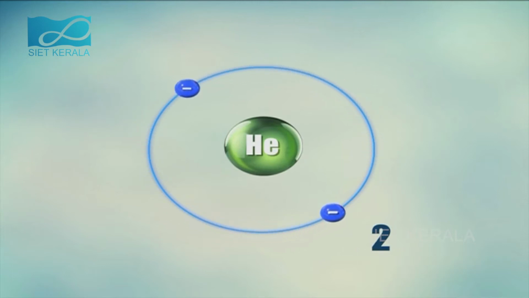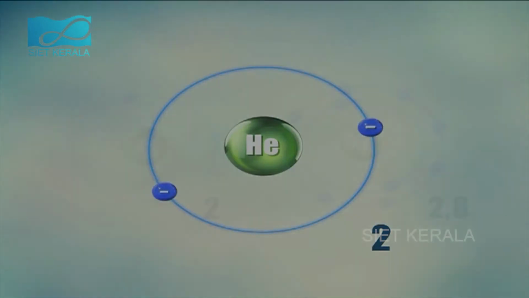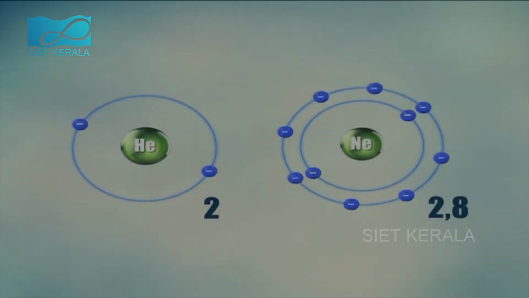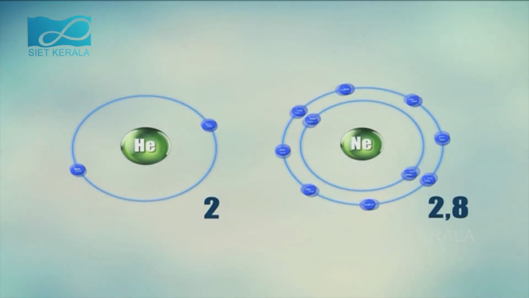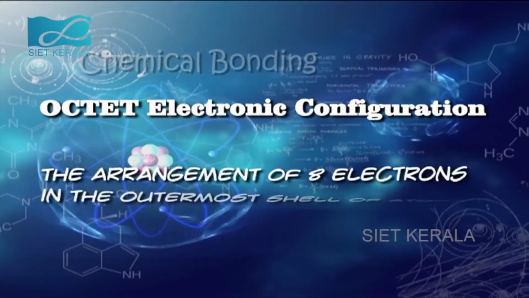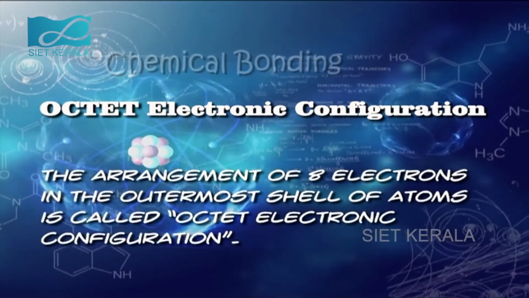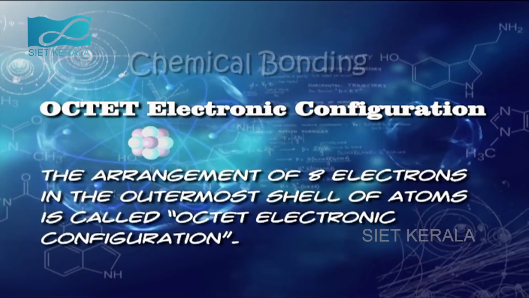Helium is also chemically stable, because the total number of electrons in the helium atom is only 2, so it contains only one shell, which can only accommodate 2 electrons. The arrangement of 8 electrons in the outermost shell of atoms is called octet electronic configuration.